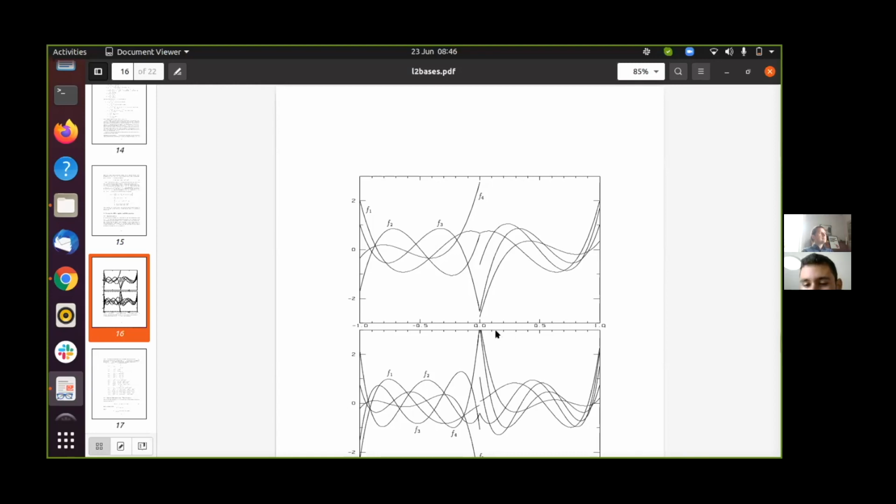Then it is possible to map the domain 0, 1 to the domain -1, 1. And this is what the functions of the mixed expansion look like.